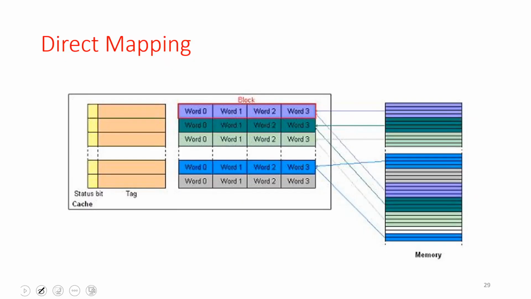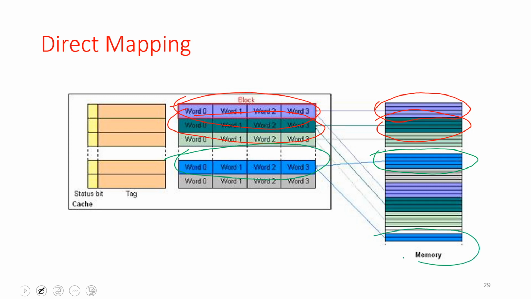This diagram shows an example of how direct mapping can work. Here we have these blocks that are stored here, and these blocks that are stored here. Each particular block will have a particular place where it may be stored. Depending on that calculation, different sets of blocks are going to be stored at different places.